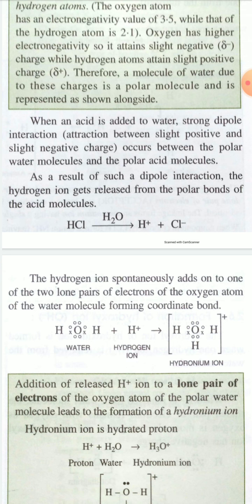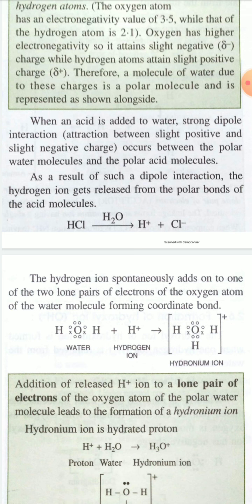For example, if you take HCl, hydrochloric acid, and add it to water, then you will see the formation of H plus ion by the strong dipolar interaction between the polar water molecule and the polar acid molecule. So if you take HCl, the ions formed are the H plus ion and the Cl minus ion.